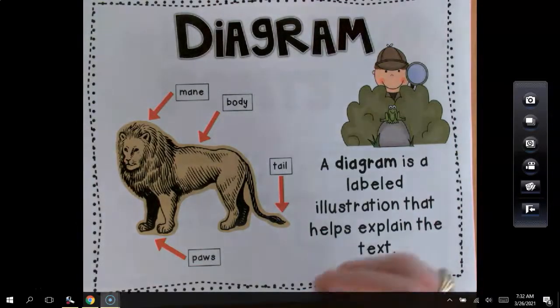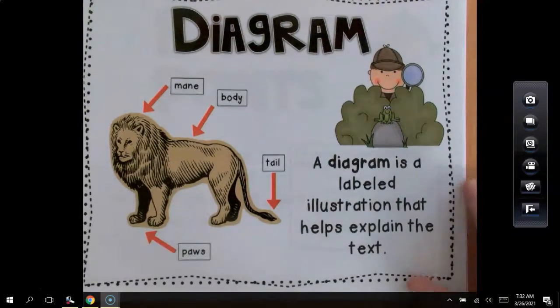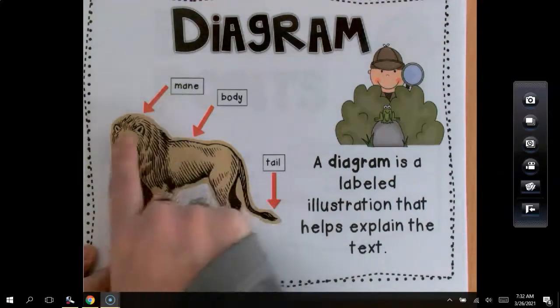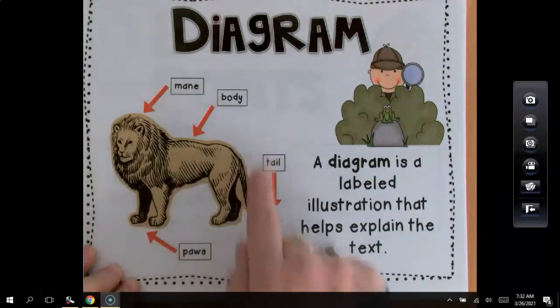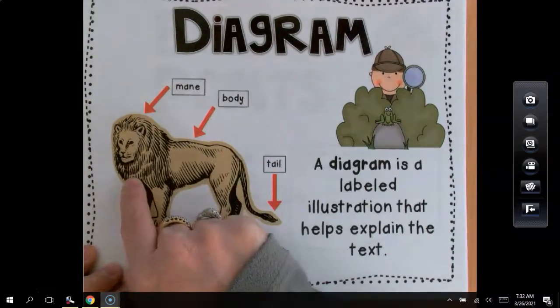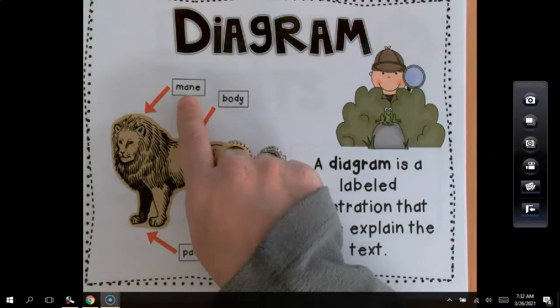Our next one, boys and girls, for our graphic source would be a diagram. So this is a picture of what? Very good. It's a picture of a lion. And a diagram just labels the illustration, and it helps us explain it. If I didn't know what this part of the lion was, a diagram would help me. That's called the mane. The mane, okay?